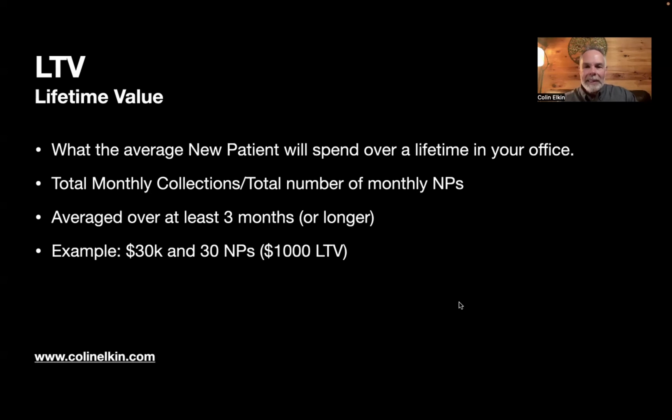So this is a really good metric to keep in your office because it can help you to determine how healthy, how successful is my office, and am I doing the things necessary? Am I putting the systems in place to create retention, to increase that LTV, that lifetime value of a patient, to help them understand why they need lifetime or long-term chiropractic care and keep them under care for the long term?